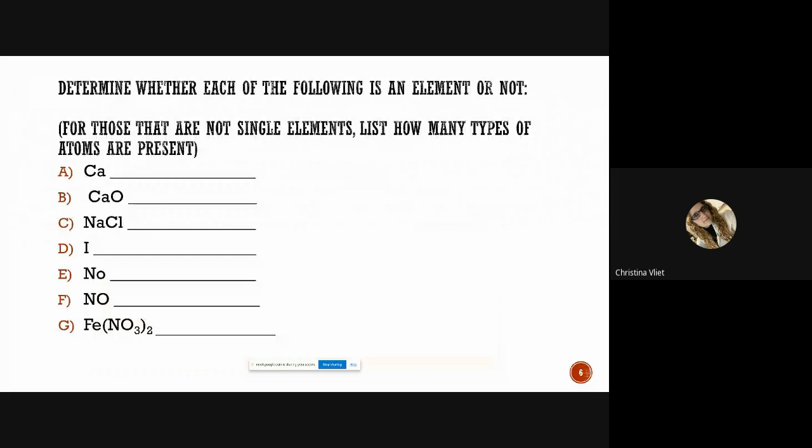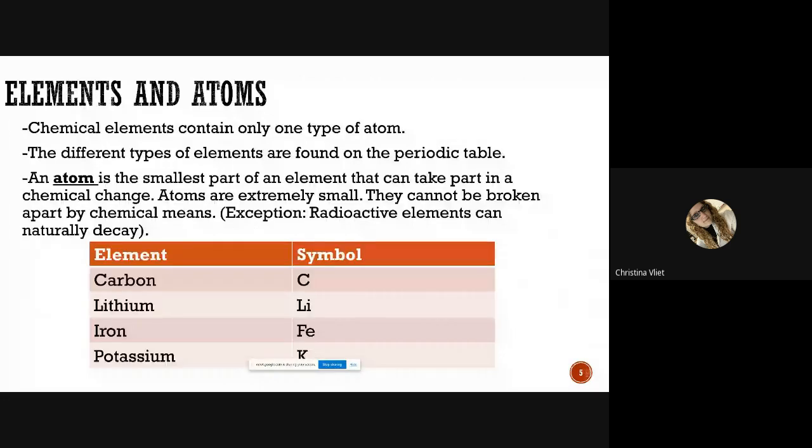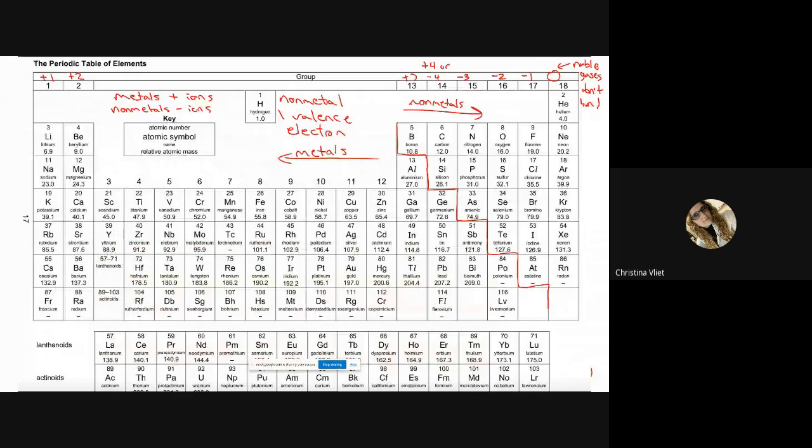You need one handy? Anybody else want the Cambridge periodic table? Anybody else? You're good? All right.